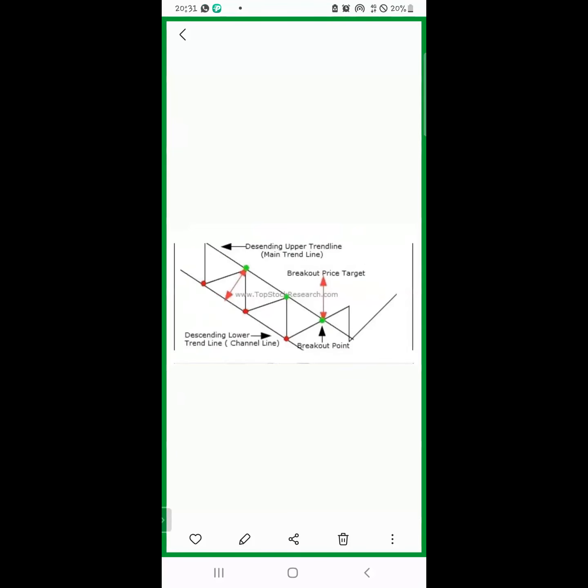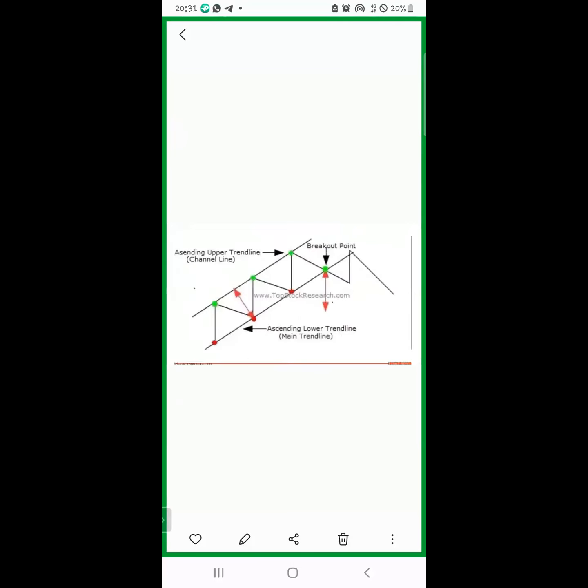The descending channel is only for buy opportunities, and the ascending channel is only for sell opportunities. So when we are using channels, we have one rule: we have to wait for a breakout and retest on the channel, then execute your trade.